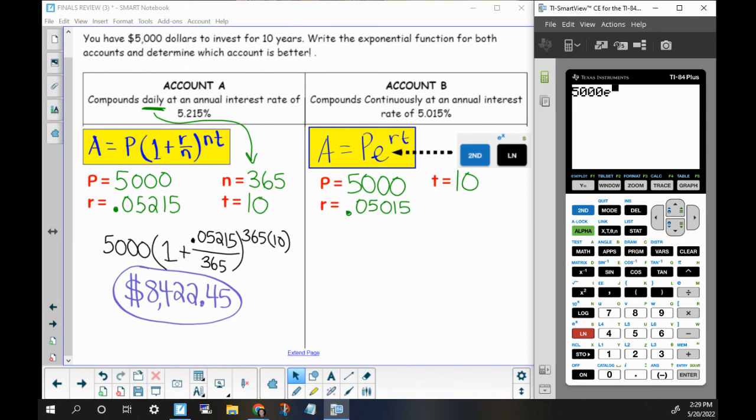You will see that your E pops up, and the cursor's already flashing where the power would be. So we need to do 0.05015, because it's R times T for our power, times 10.